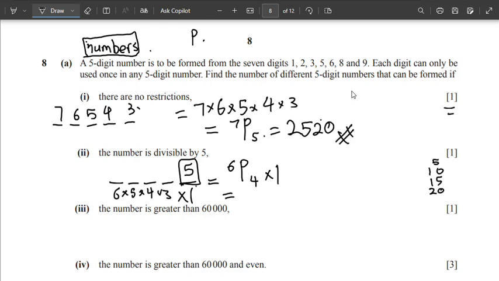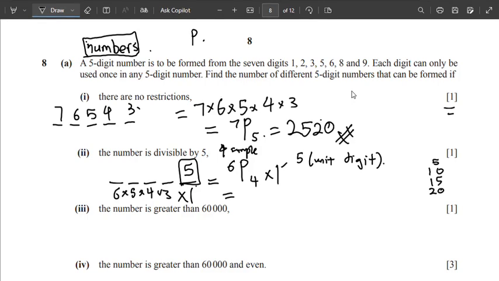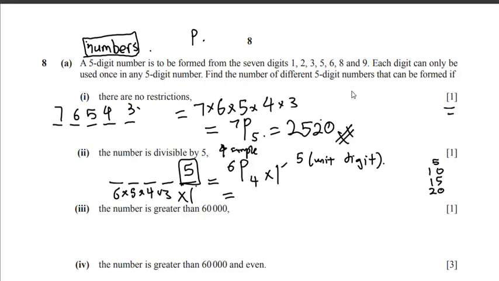The 6P4 represents the 4 places, and the 1 represents the unit digit. So 6P4, let me just press it. You'll get 360.